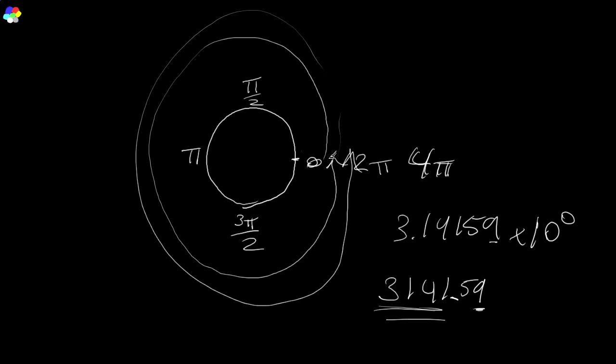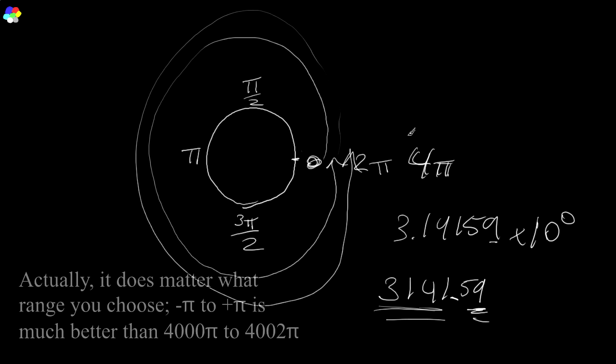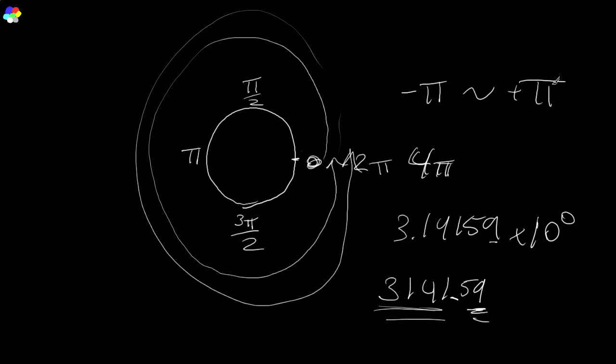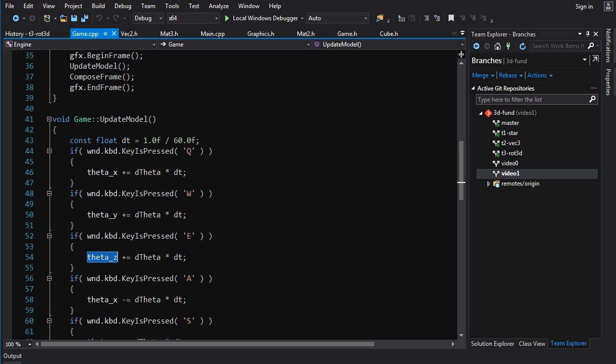So what we want to do is keep our angles within a 2 pi range so that we don't lose precision like this. And it doesn't really matter what 2 pi range you choose, but I'm just going to choose between negative pi to positive pi. And the way we do that, it's quite simple.